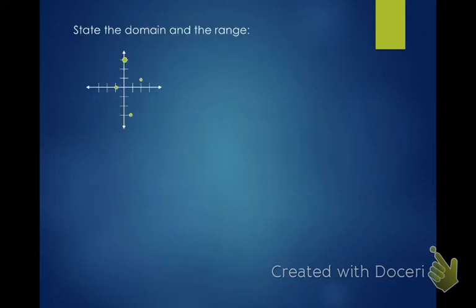So for the domain and range, if I have my different values, now you don't have those on here, so I'll try to help you out as far as where they should be plotted. My first point here, if I'm just going left to right, is going to be at -1, 0.